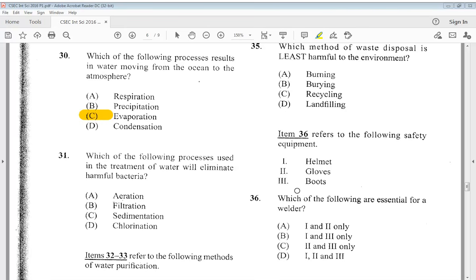Let's get ready. 31 says, which of the following processes used in the treatment of water will eliminate harmful bacteria? A. Aeration. B. Filtration, C. Sedimentation, or D. Chlorination.